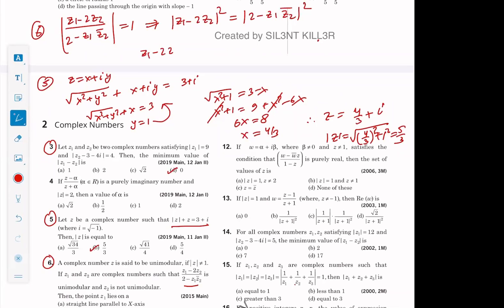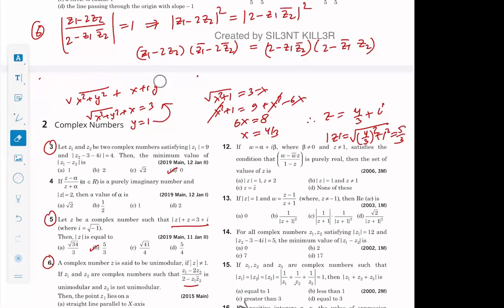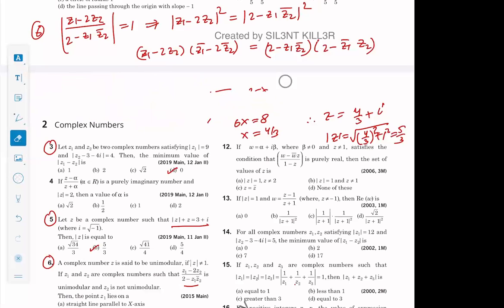Mod z square is equal to z into z bar. So (z1 minus 2 z2)(z1 bar minus 2 z2 bar) is equal to (2 minus z1 z2 bar)(2 minus z1 bar z2), since z2 double bar is nothing but z2. If you multiply these two expressions on both sides, you will get the final answer.